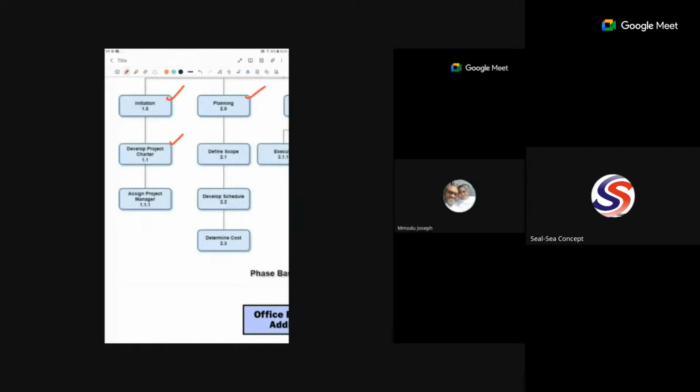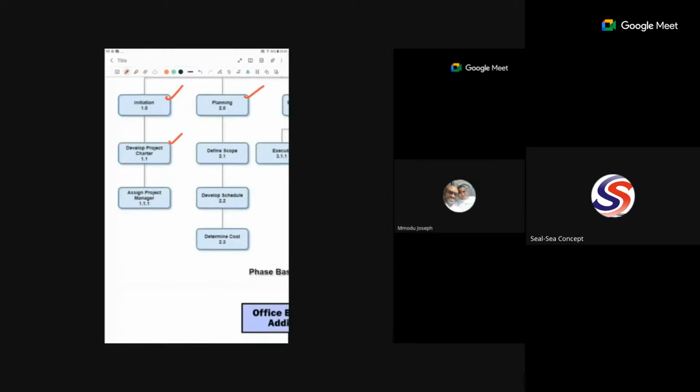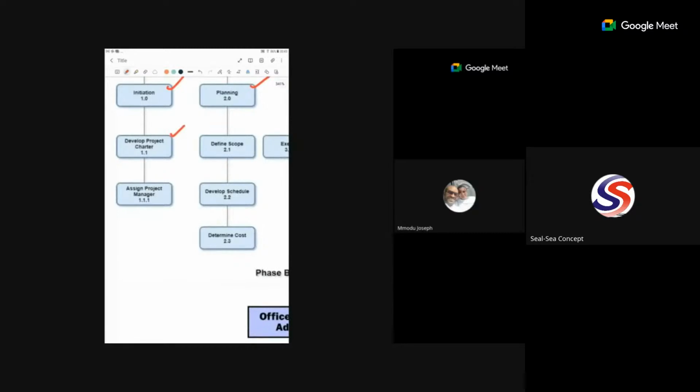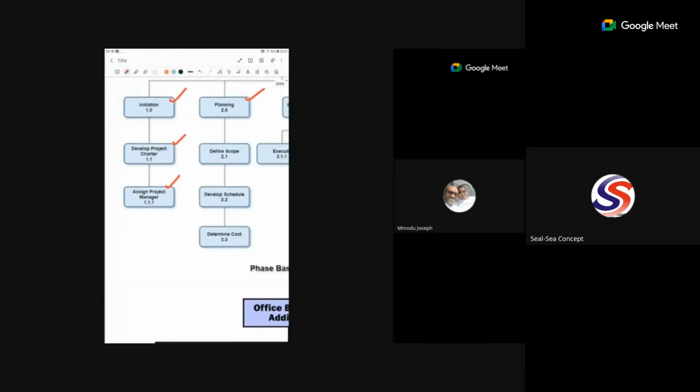There's a whole lot of things, even your business case will be in your project charter. It will explain the project from a business point of view. And here also in the initiation, assigning a project manager, I explained that. So these are the smaller tasks the person will actually do.